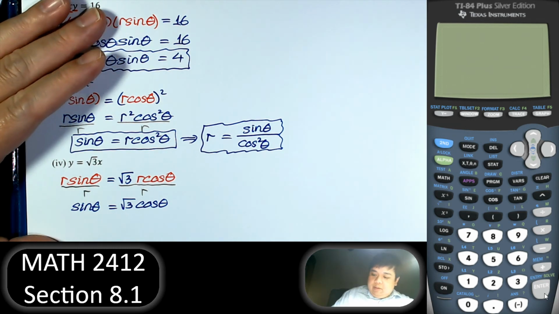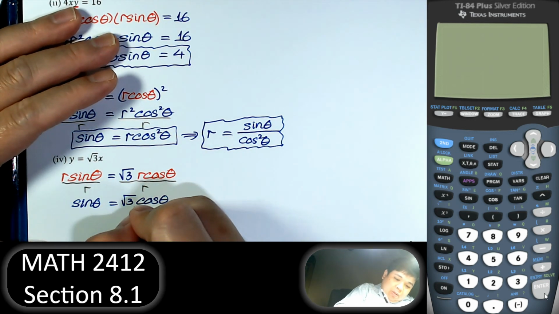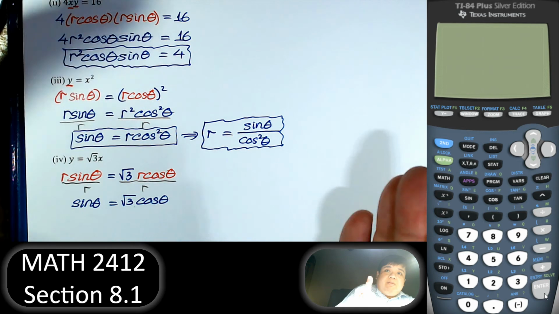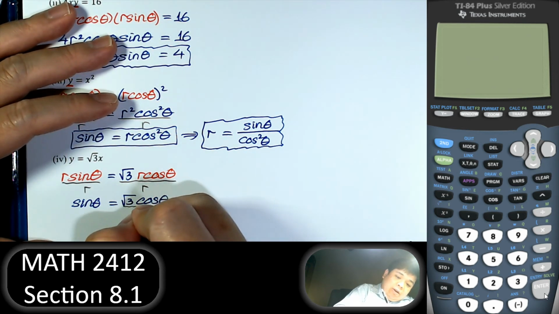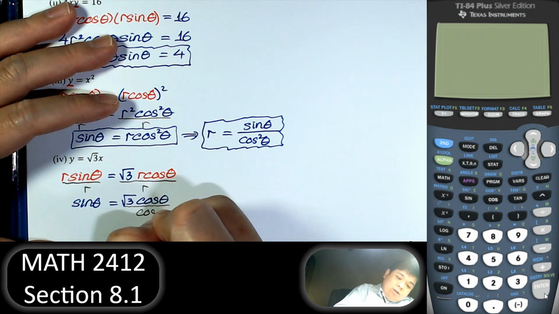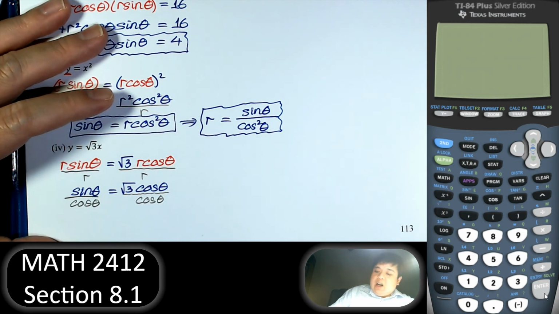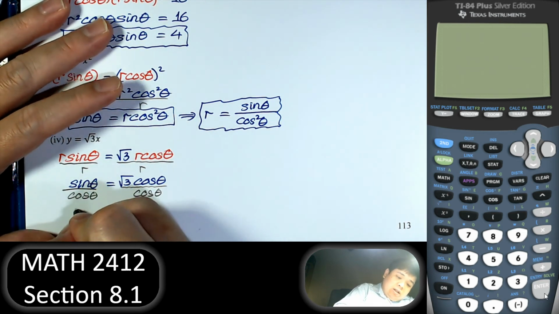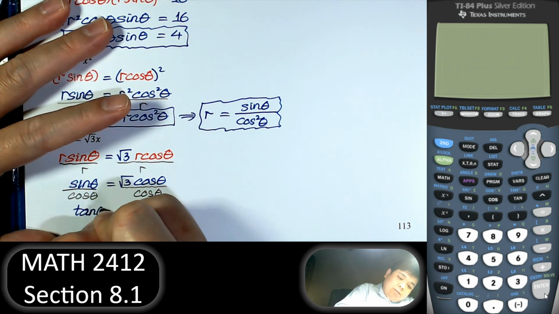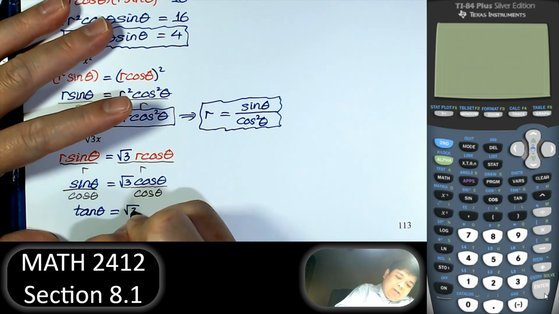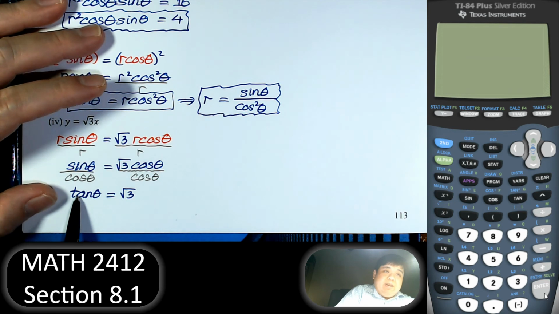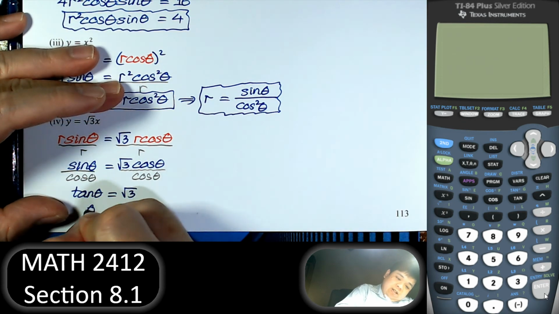Now, of course, we can stop there. We have theta there, which is good. Now, if we divide by cosine on both sides, sine over cosine is tangent. And if we want to get rid of the tangent, we take the inverse.